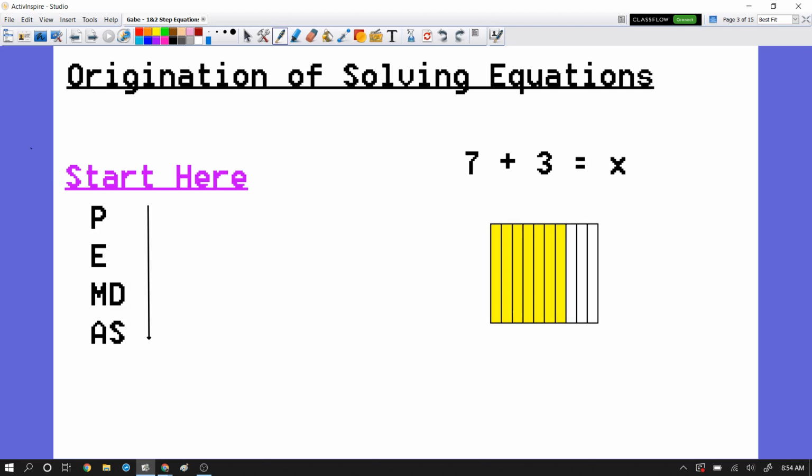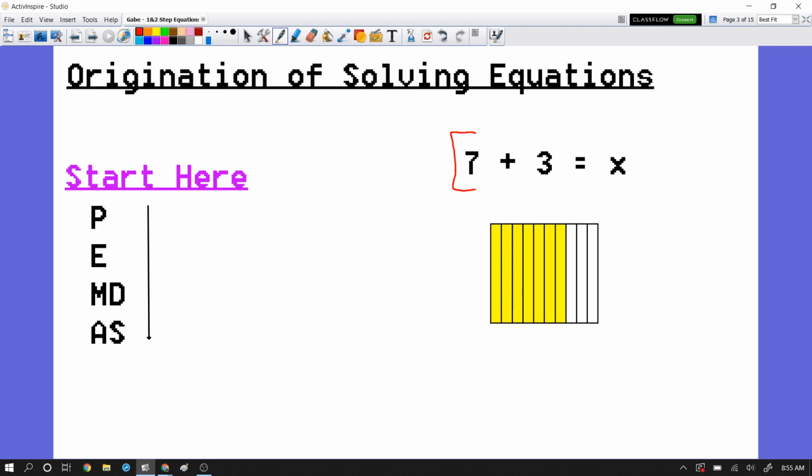So the example that I've got over here is basically what you started with, like when you first started learning math as a little kid. You probably had like seven things in front of you, and you were able to count them 1, 2, 3, 4, 5, 6, 7. And then you had three other things, and you had two groups. You had 7 and 3.